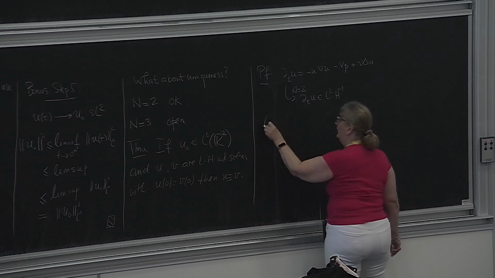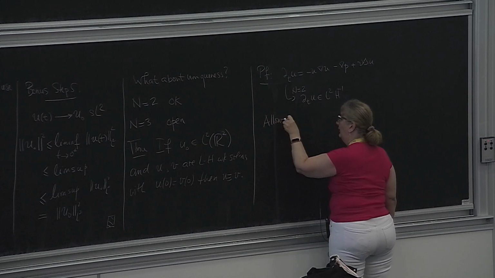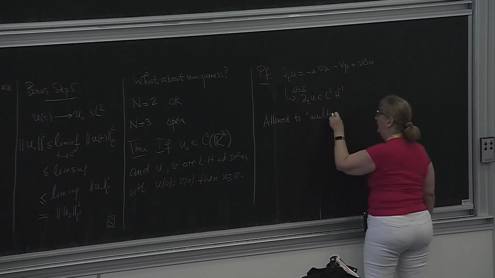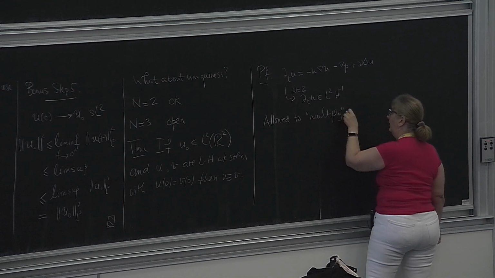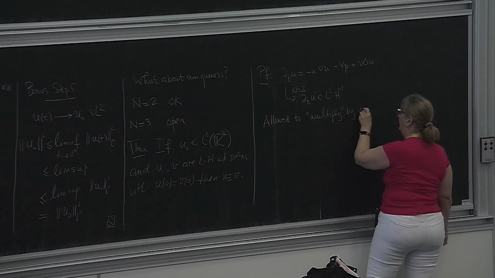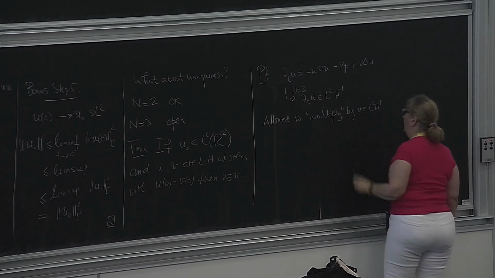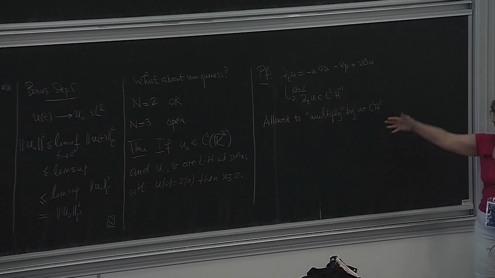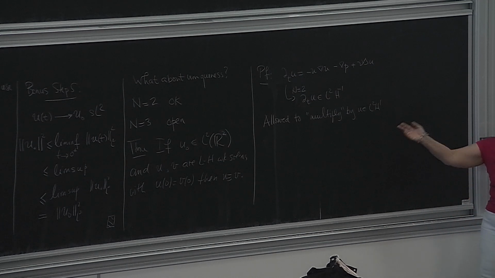So I'm allowed to, quote, multiply by U, which is L2 H1. It's, quote, multiply because I'm taking the inner product, I'm integrating, so it's actually a duality pairing here.